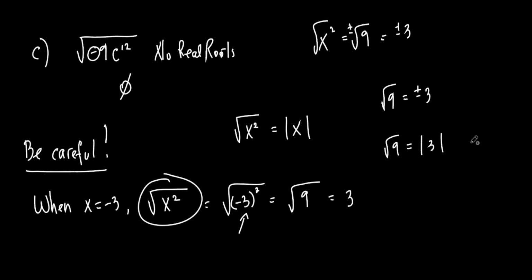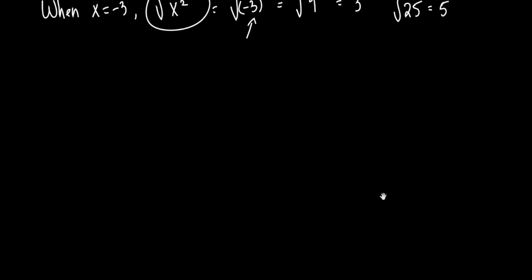Again, I don't know if I 100% understand that, but this is what I've been told: when you're solving for x and you're taking the square root of both sides, yes, you can put the plus or minus there. And we've done that quite a bit this year. But if it just says, what's the square root of 25, then you would say what? It would just be 5. Because if you put that into a calculator, it's not going to give you a plus or minus. Okay, enough of that.